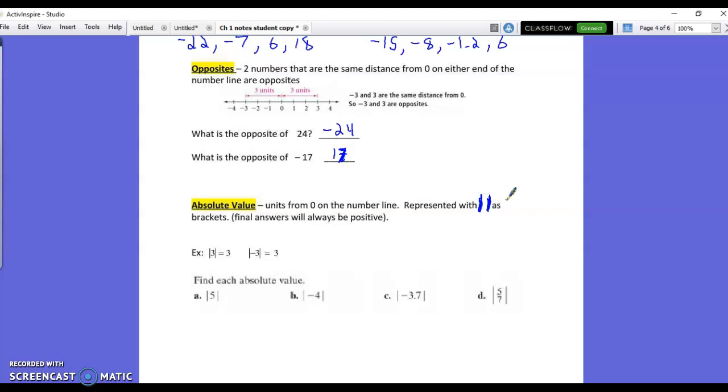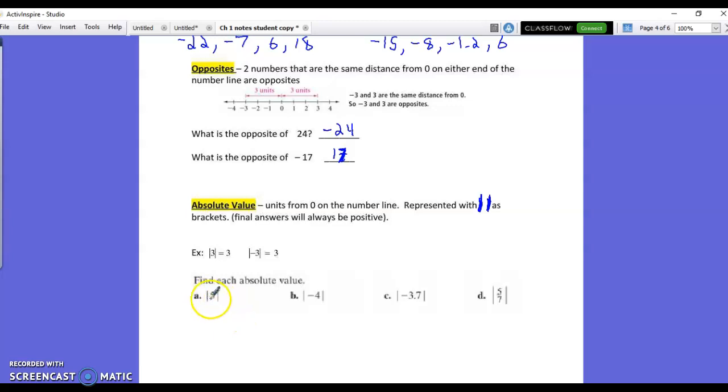They are also grouping symbols, so in order of operations, you would do those first. If a number is within this absolute value symbol, it always comes out positive. So the absolute value of 3 equals 3, and the absolute value of -3 equals 3, because it's just 3 units away from 0 on the number line.